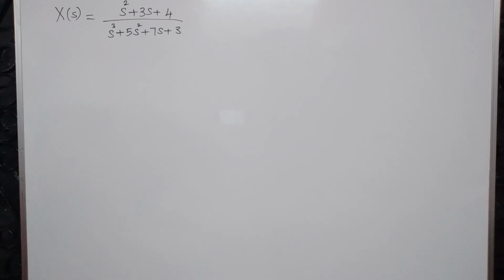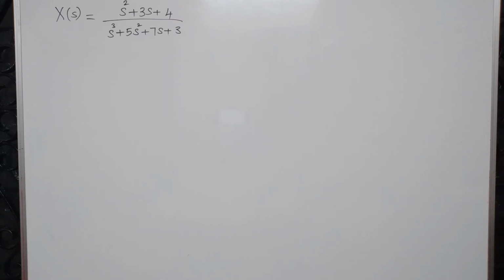So this problem is different from the ones we have already done. Here you cannot compare this to any standard results. Here a polynomial fraction is given, that is a numerator polynomial and a denominator polynomial. So we have to find the inverse Laplace transform by performing partial fraction.